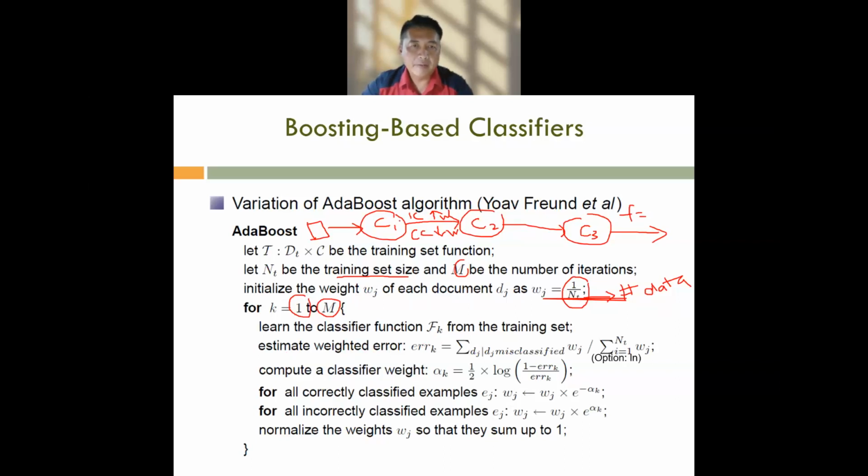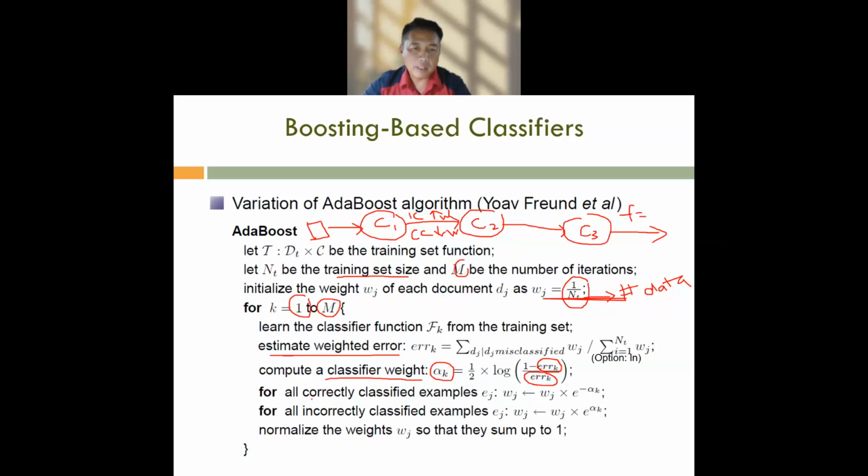When we perform the classification in the first classifier, we want to find the estimated weighted error, meaning that we see all the incorrectly classified and add up their weightage. Then here we look at the classifier weight, which is the weightage of the error. How do we compute this? We get 1 over 2 times log of 1 minus error, divided by the error.